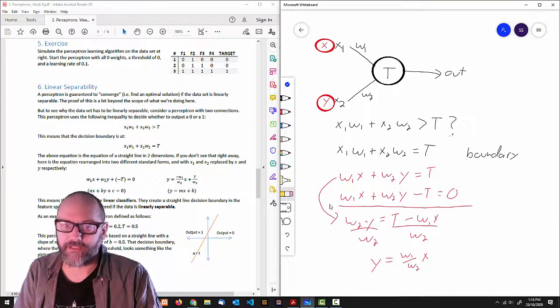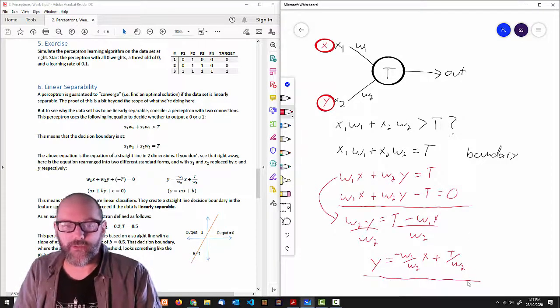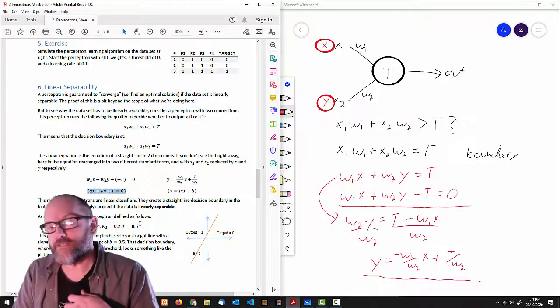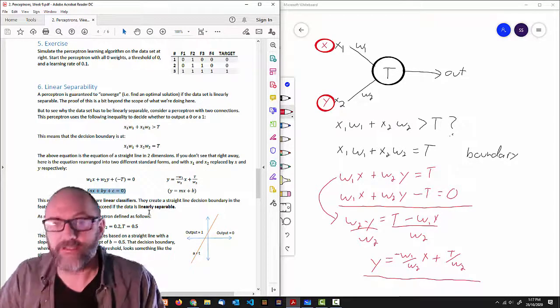That should just be x. So that there is the other form of a straight line that we often see, the y equals mx plus b form. So over here you see y equals mx plus b, or this. Okay, so that means that the perceptron is what we call a linear classifier.